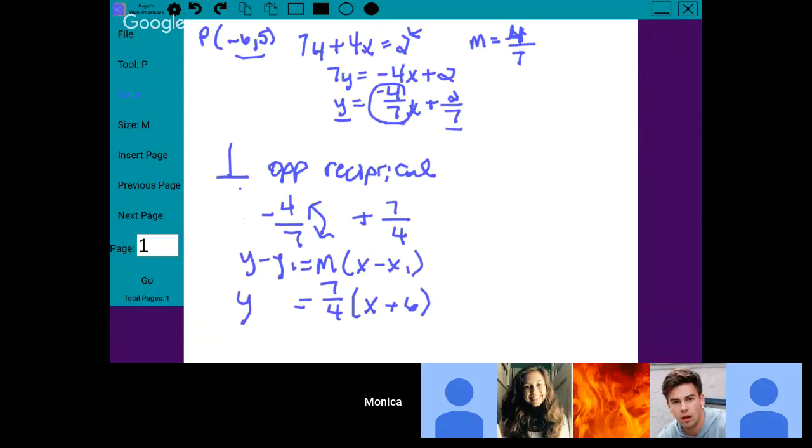And the y minus y1, again, is y minus 5. And then you'll solve that through by distributing that in, okay? And then by bringing this 5 over. Does that make sense? Okay, good.